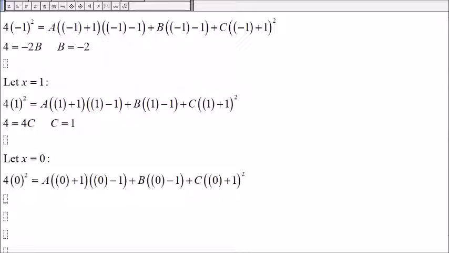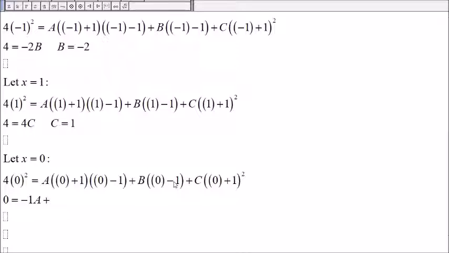So the left side will be 0. This will be 1. This will be -1. 1 times -1 is -1. So this will be -1a.